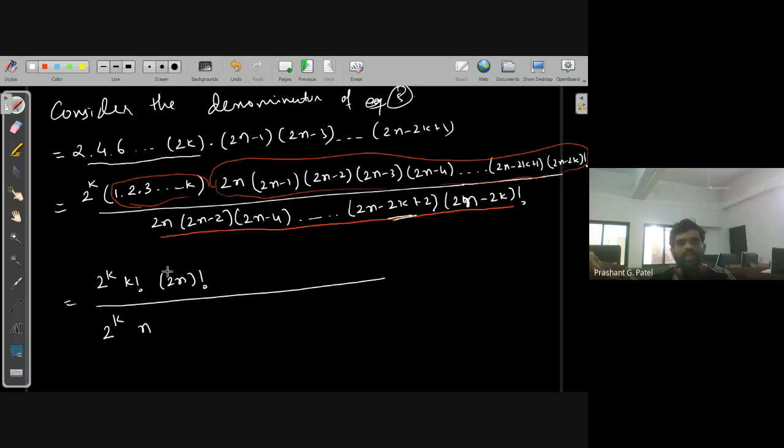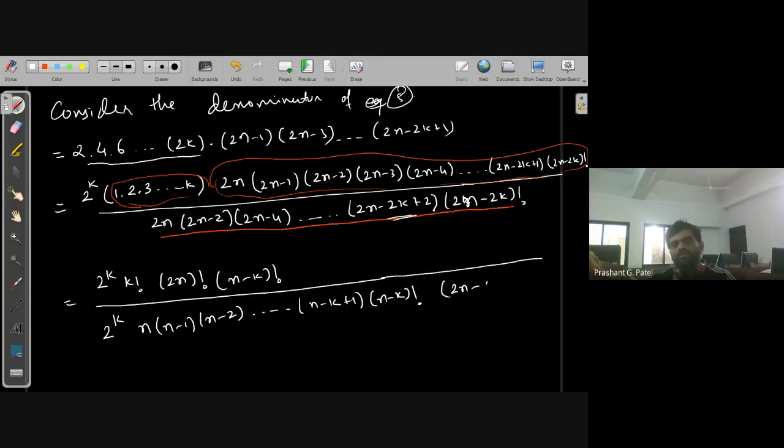What is left inside is n, n minus 1, n minus 2 up to so on, n minus k plus 1, and we multiply and divide by n minus k factorial, and into this we multiply and divide 2n minus 2k factorial. So finally, 2 power k is cancelled out.